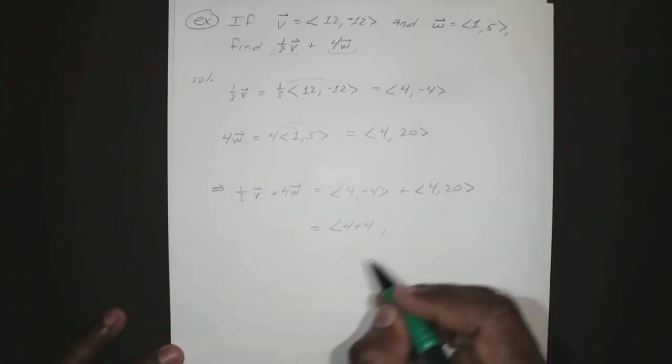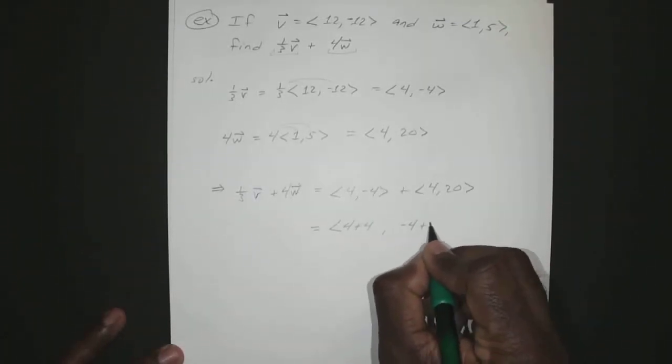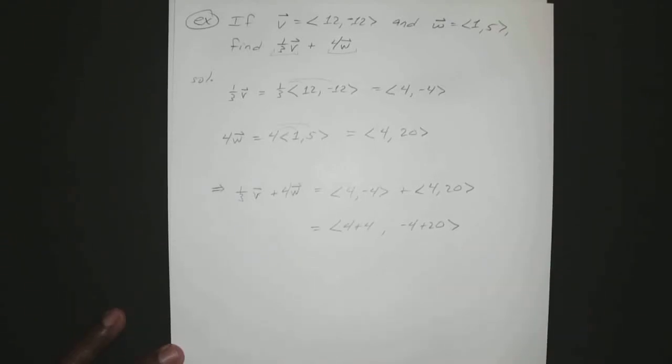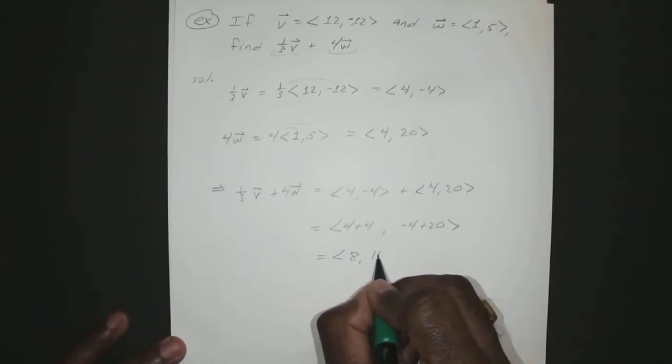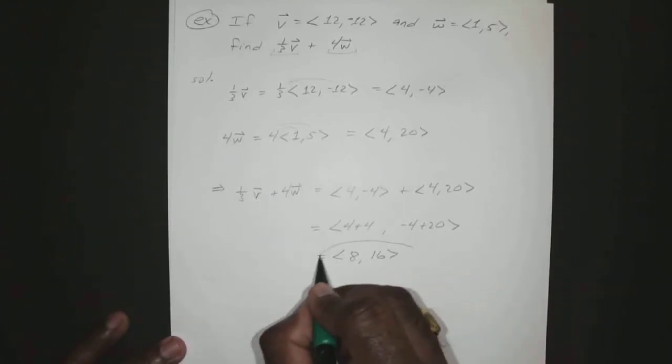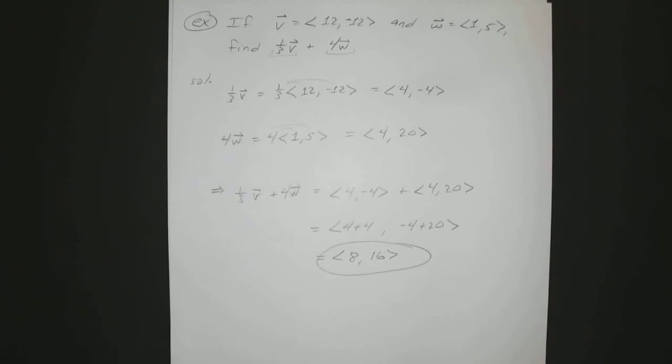And we add our second components, negative 4 plus 20. Okay, so that's going to give us the vector with components 8 and 16. All right, so any questions on that one? Okay.